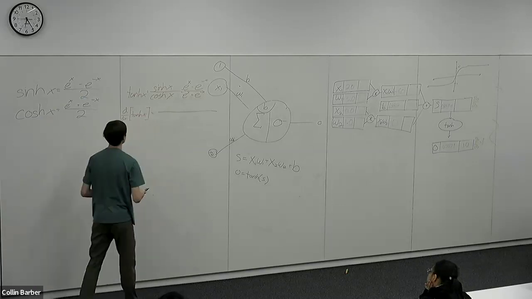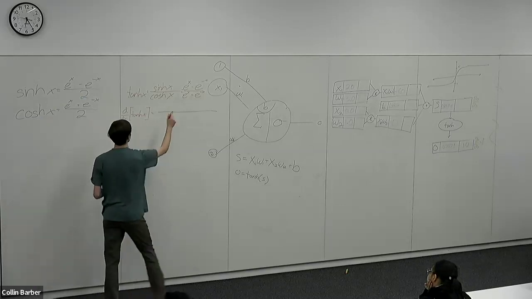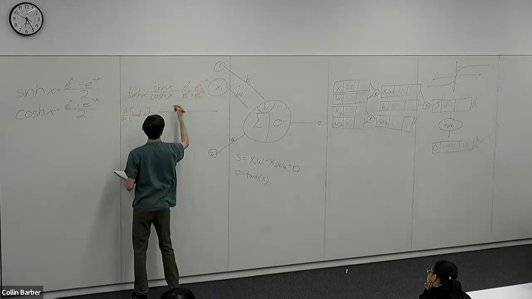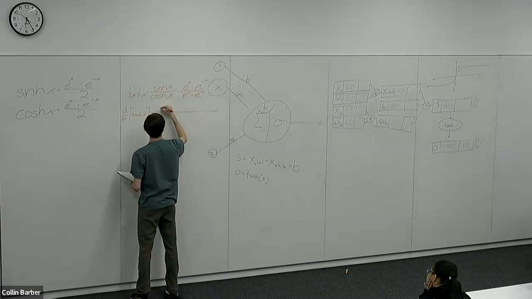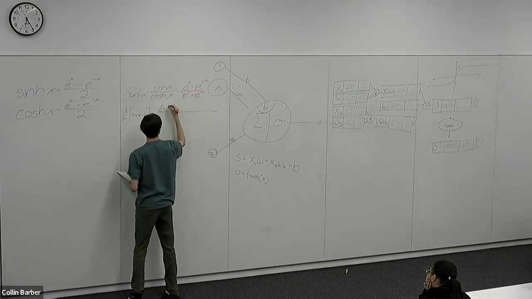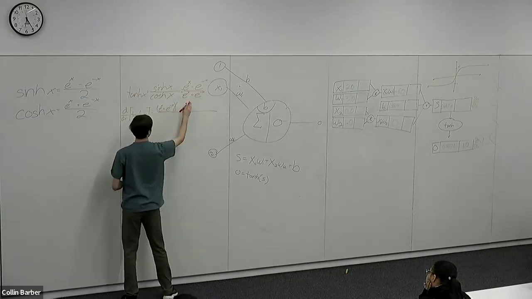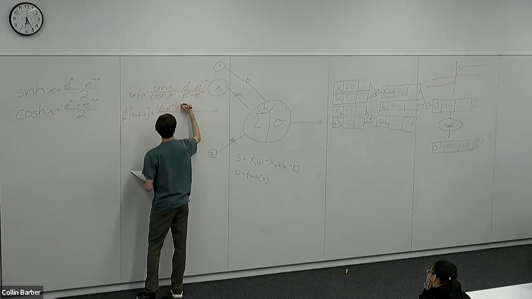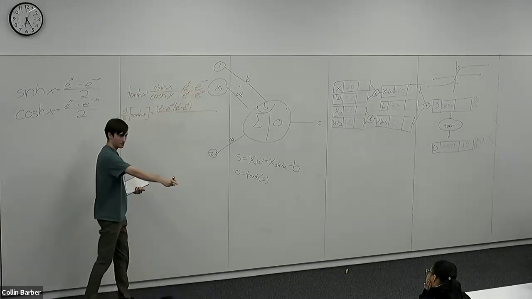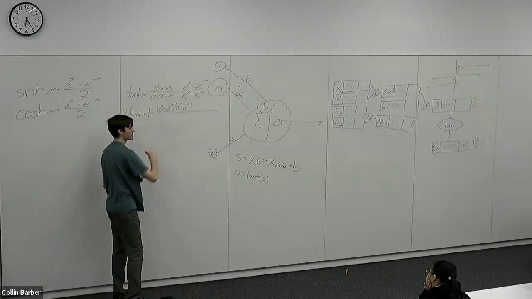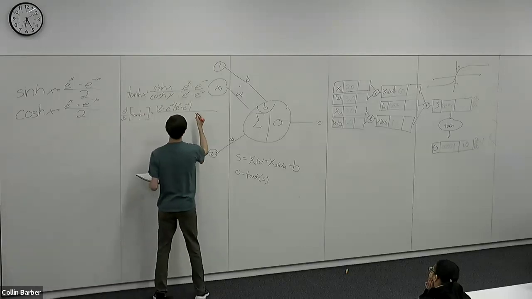Okay, so taking the derivative of this, we start with derivative of top times bottom. So this will be e to the x plus e to the negative x times the bottom. And you'll notice a pattern really quickly here. These two are the same thing, which will make this derivative really nice soon. We just have to keep going through it.